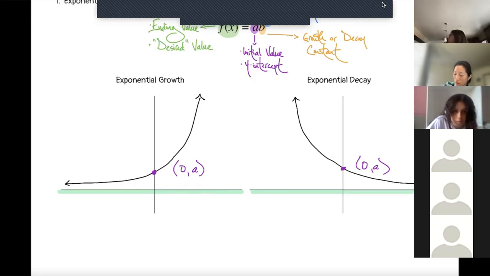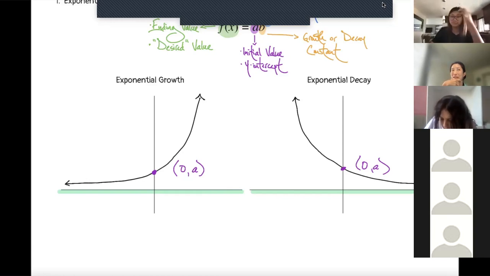Anybody know what that's called? Is that like the x-axis? Yeah, x-axis. It is the x-axis, and it happens to be in the same place as the green line right now.